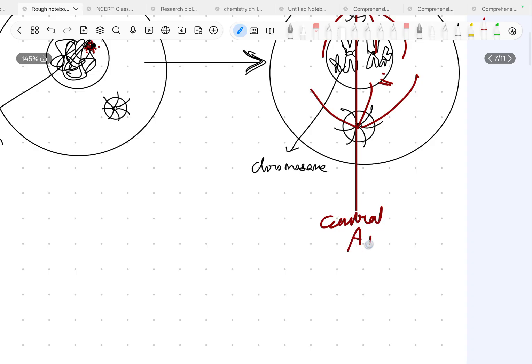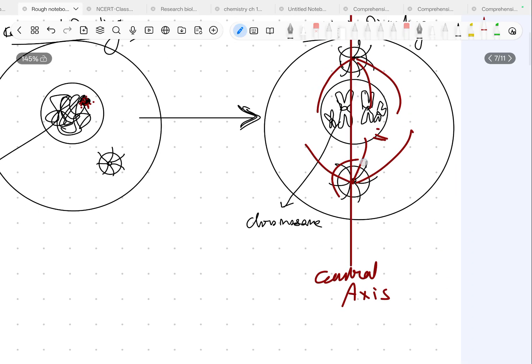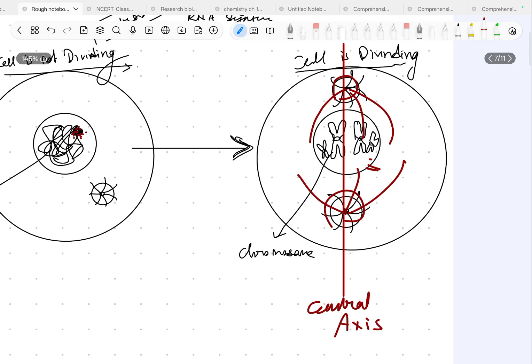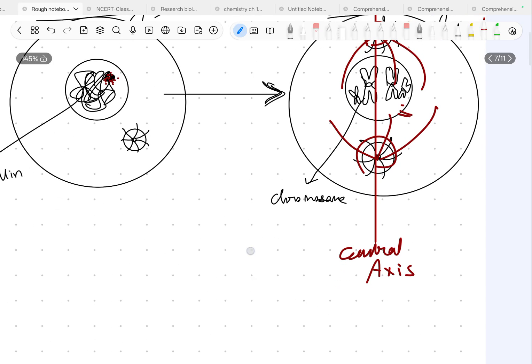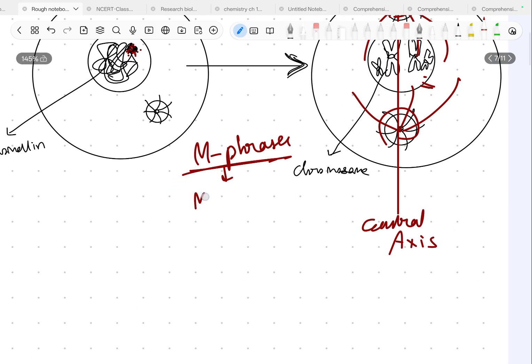The two centrosomes will come to the central axis in the M phase, the mitosis phase.